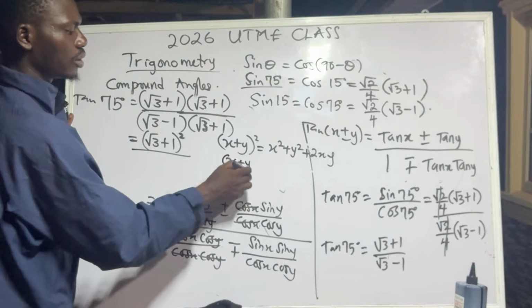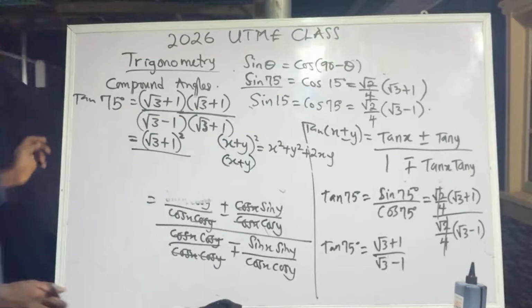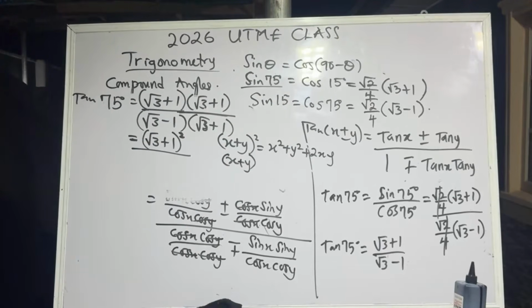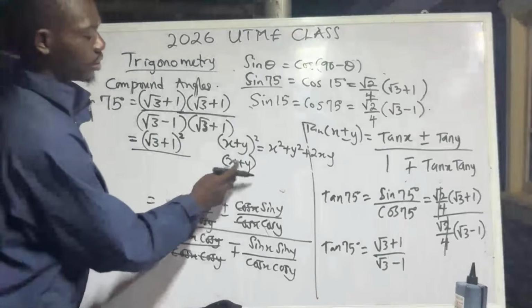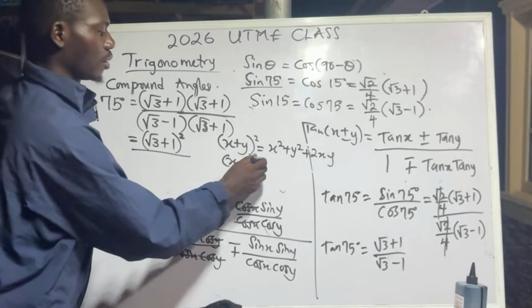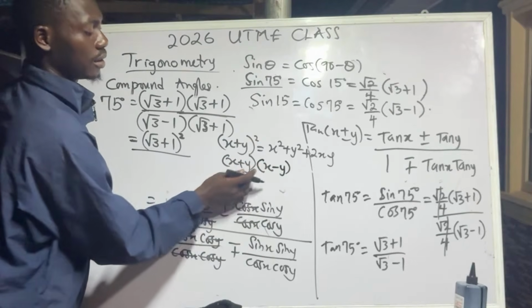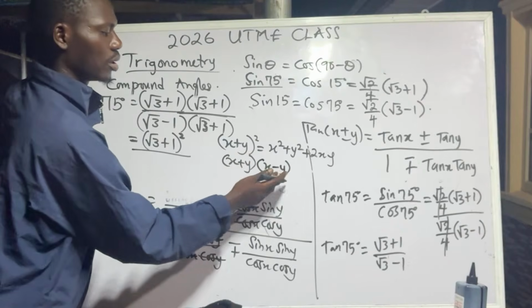So whenever I see two terms multiplied by another expression where the sign is different, this one is plus and this one is minus, or this one is minus and this one is plus, it becomes what?